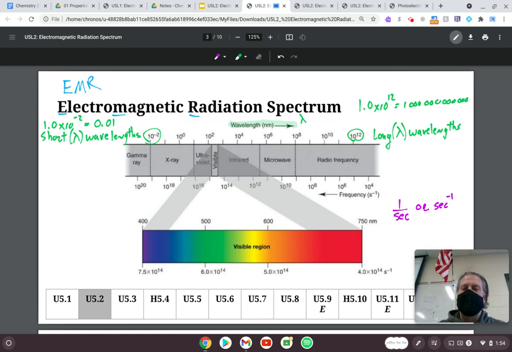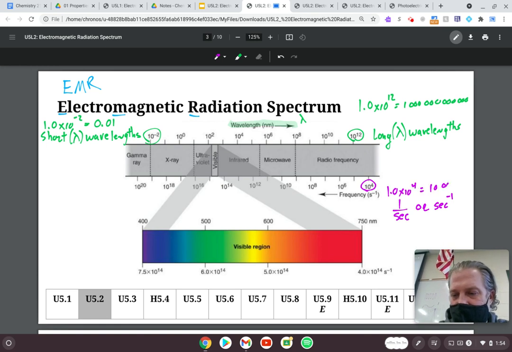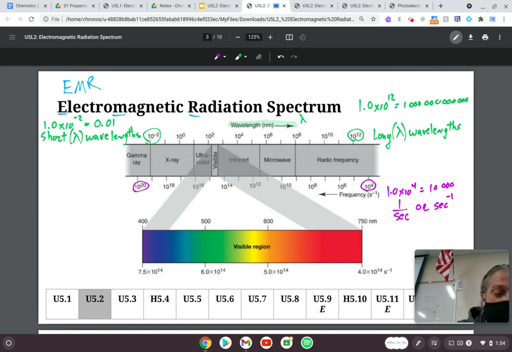Now, on the right-hand side, we have 10 to the 4th, which is 1 times 10 to the fourth, like 10,000. On the other side, we have 10 to the 20, which is 1 times 10 to the 20, like 1 with essentially 20 zeros after it.